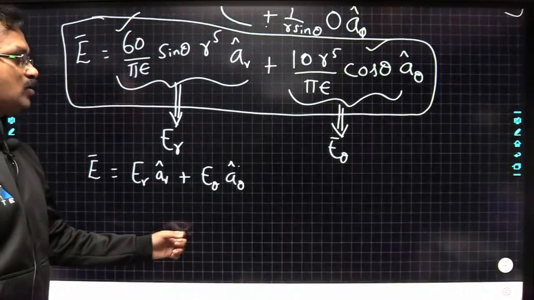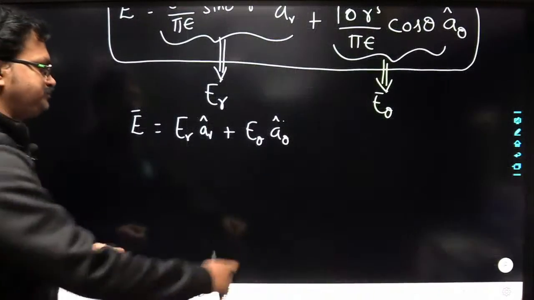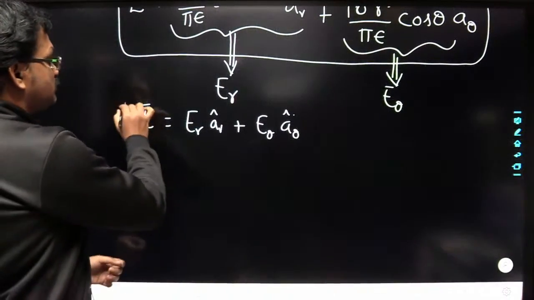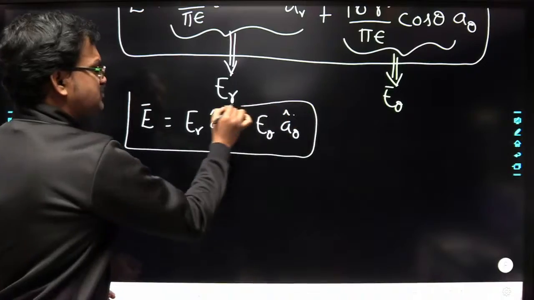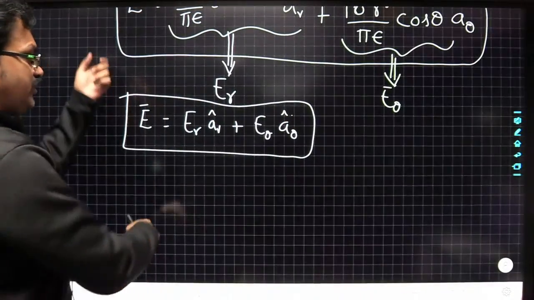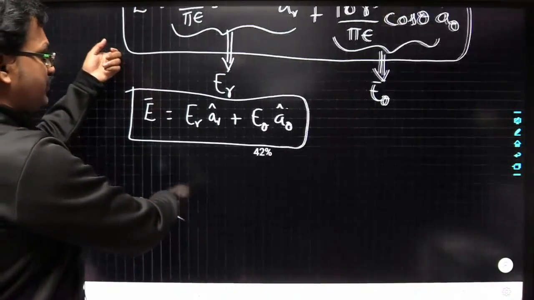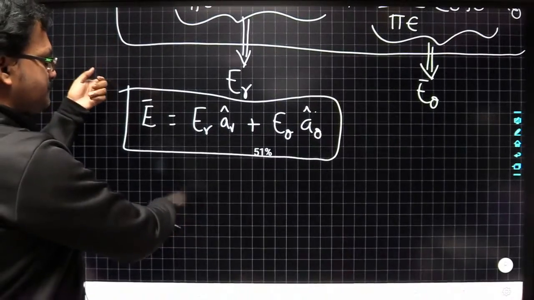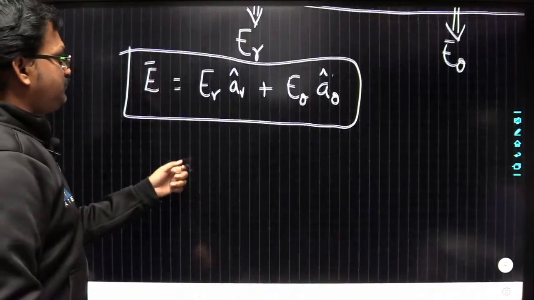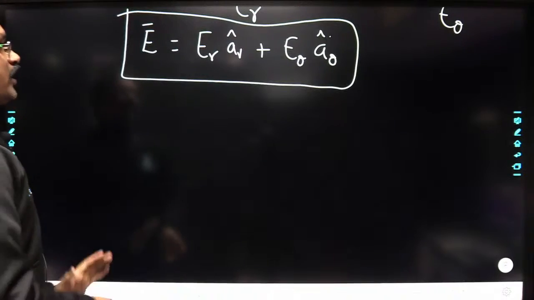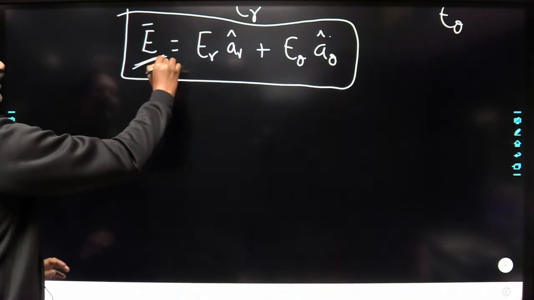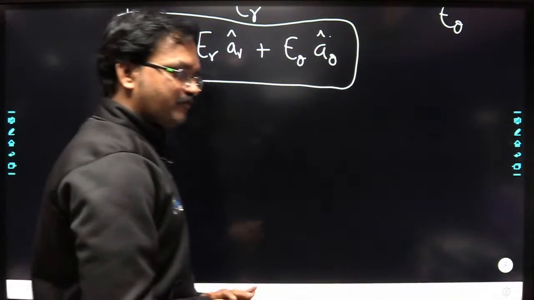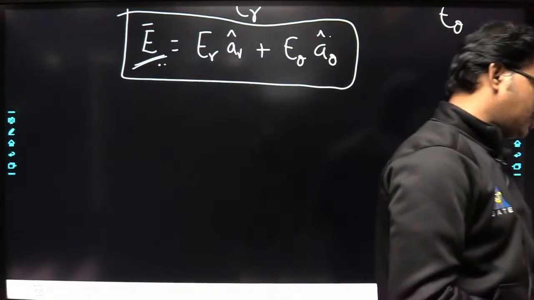So this is how you can write the electric field. Finally we have determined the electric field from the given potential distribution.